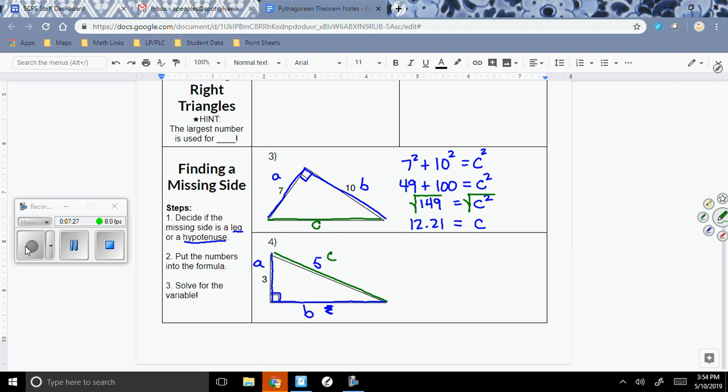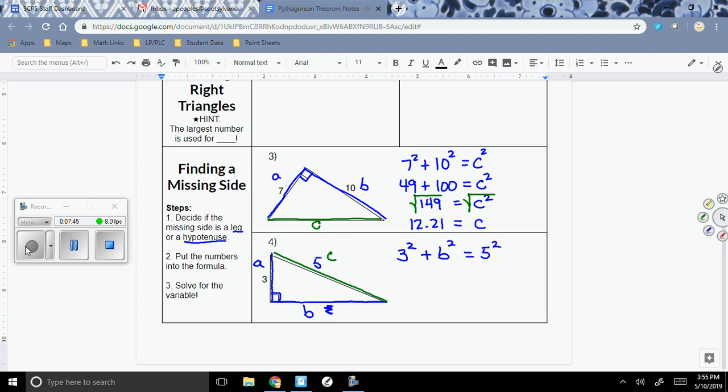So let's go ahead and put these numbers into our formula. So A squared plus B squared equals C squared. So I'm going to write down 3 squared plus, I don't know what B is right now, so I'm going to put B squared equals, and I do know C, so I'm going to write down 5 squared.